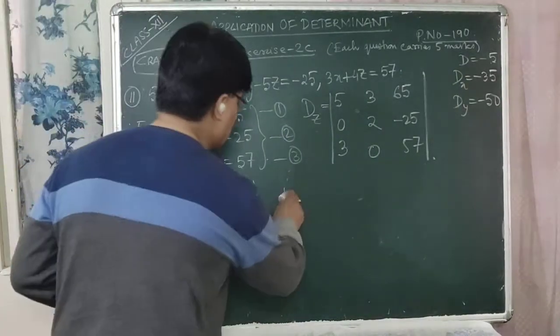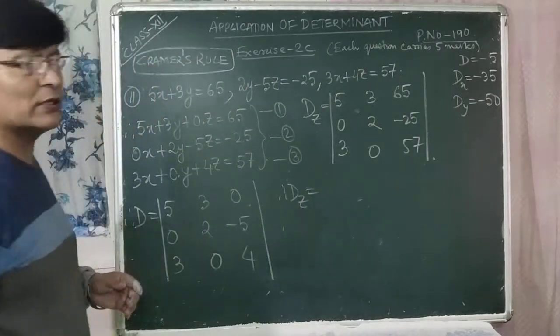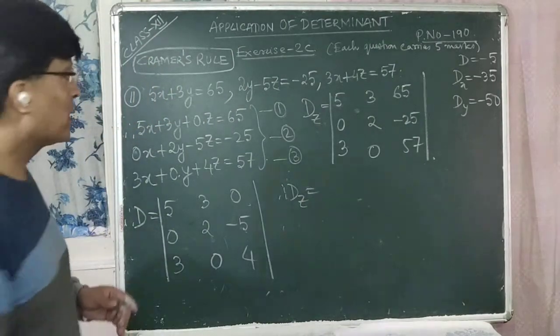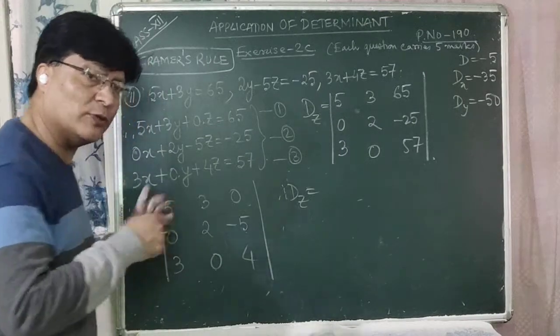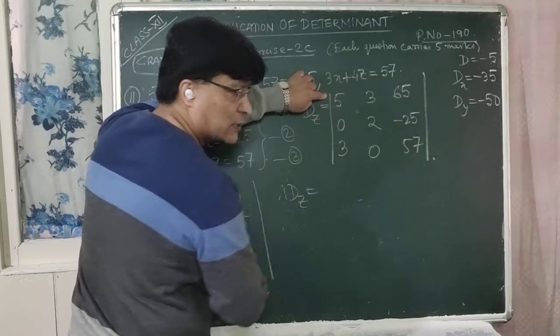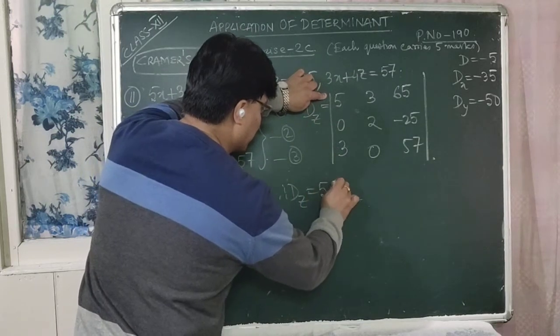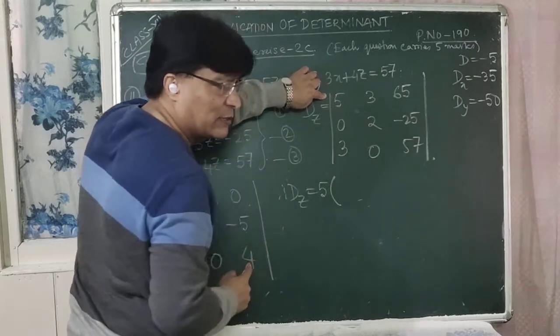Let us expand it. So dz is equal to, let us expand it with respect to the first column, okay? Because in the first column one element is 0 here. So plus minus plus. Let us write down plus 5. Within the bracket, delete the row and the column through the element 5.